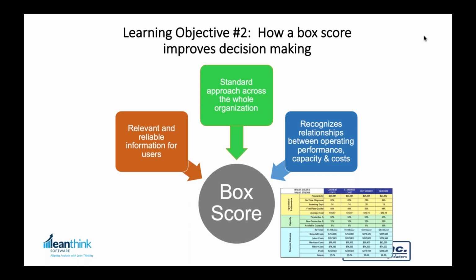And the 3 components of the box score recognize the interdependent relationships between operating performance, capacity, and costs. And in most analyses, you have to consider all 3 aspects of a box score to get the true impact of any decision.